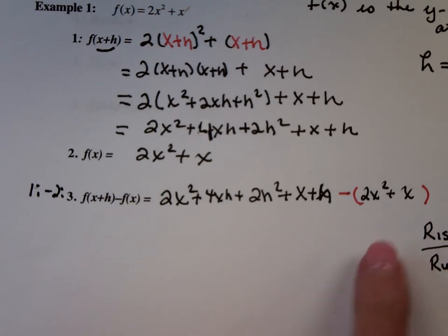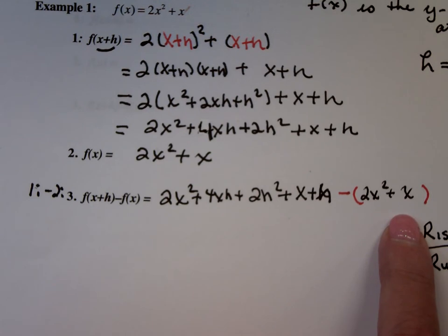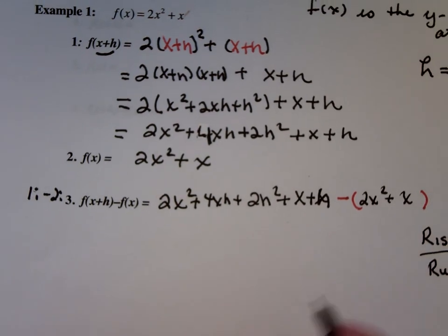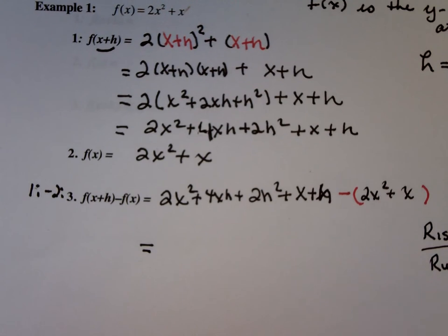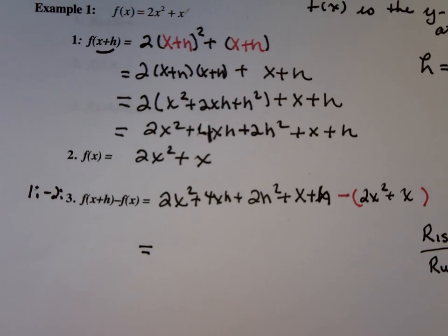Because what's going to happen here? You remove parentheses, the signs will change. If I've done this correctly, I will only have terms that have h's in them. Anything that doesn't have an h will drop out.